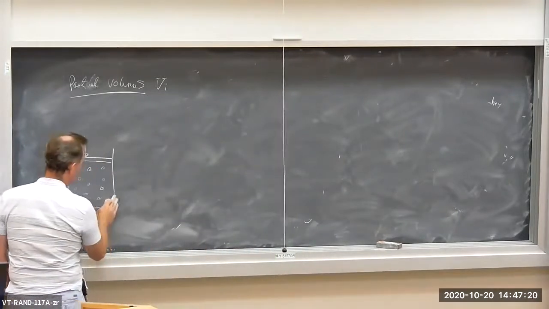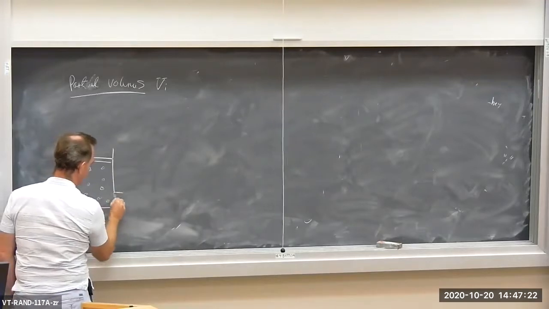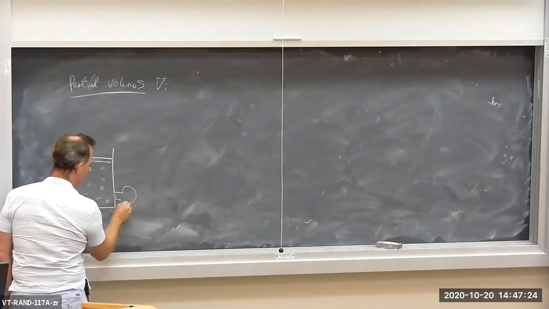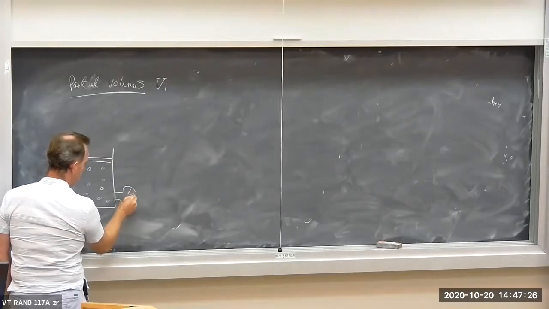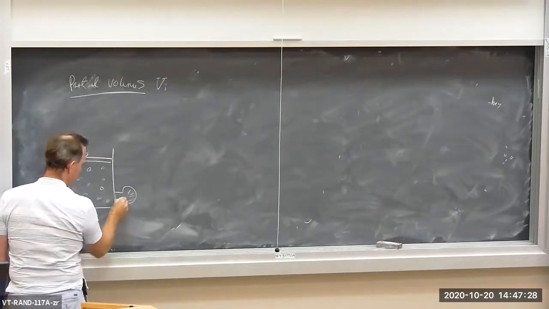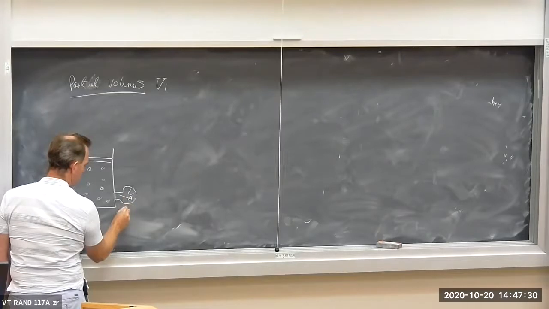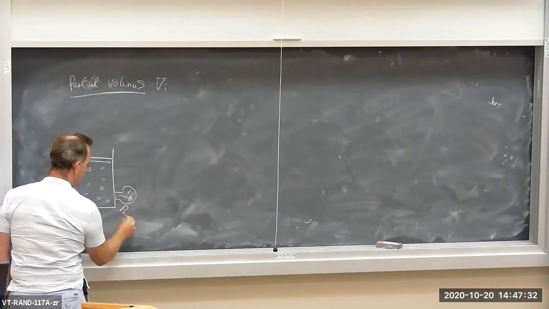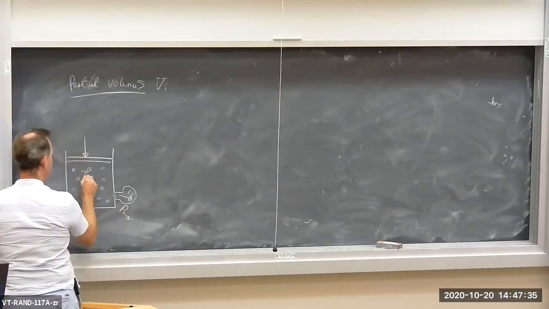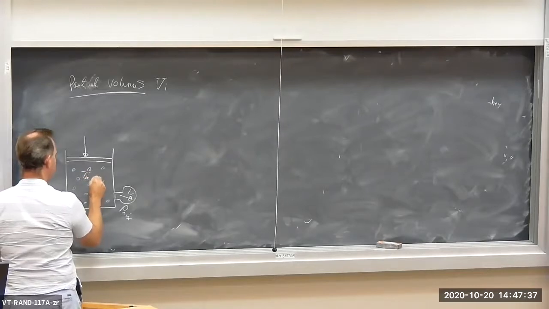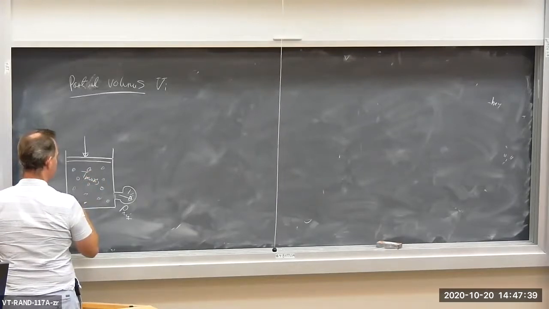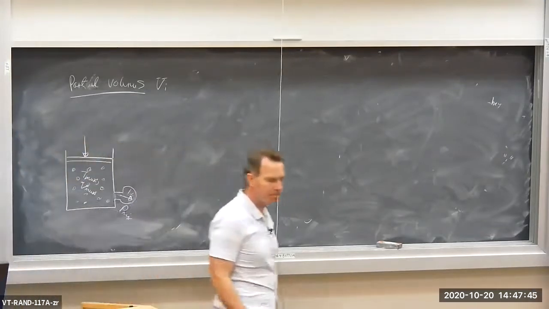And of course I measure the pressure here. So my pressure right now is P mix, and my temperature is T mix. My volume is V mix.